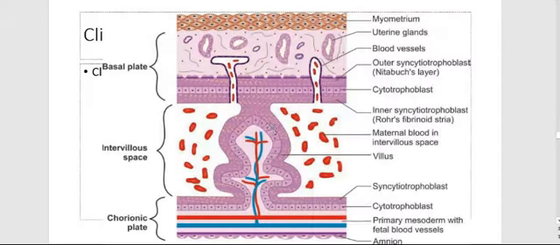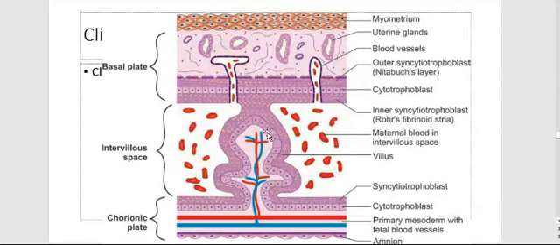So let's use this diagram. This is the intervillous space, where there is maternal blood. And this is the chorionic villus. These are the blood vessels, and in the blood vessels there is fetal blood. For nutrients to diffuse, they have to pass through these barriers to reach the blood in these vessels. So we have the endothelium of the fetal blood vessels and its basement membrane.